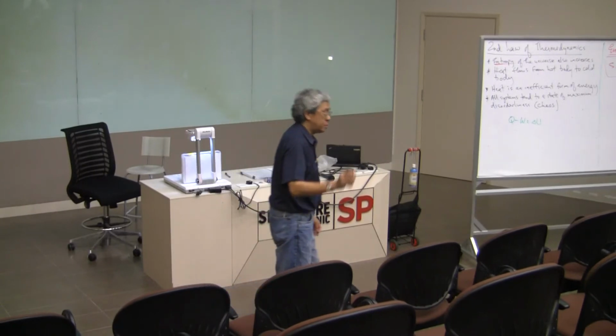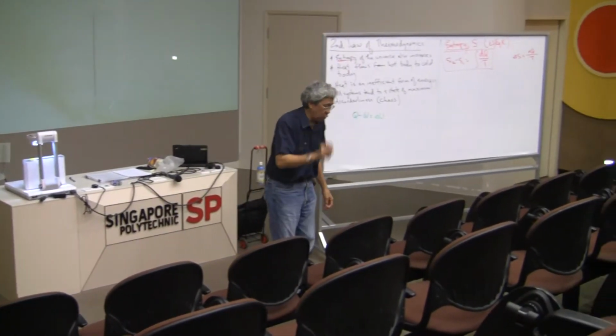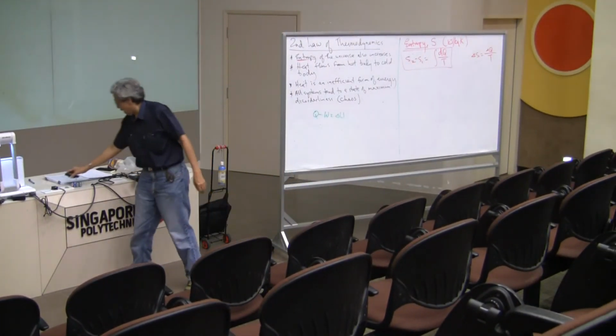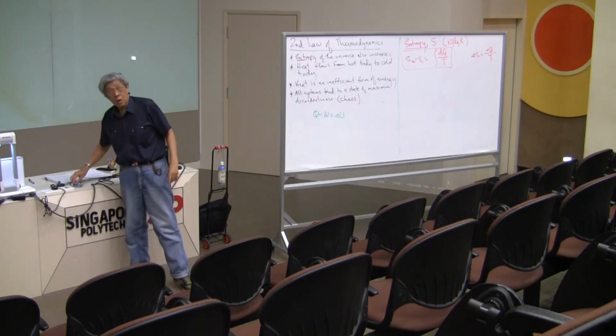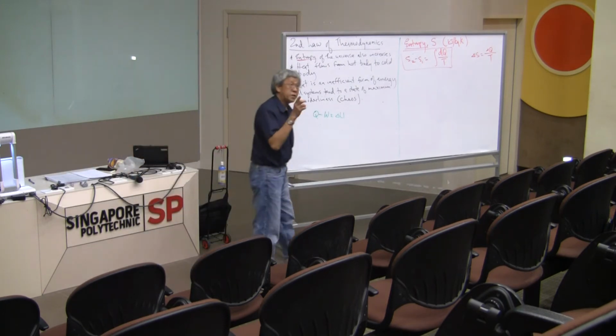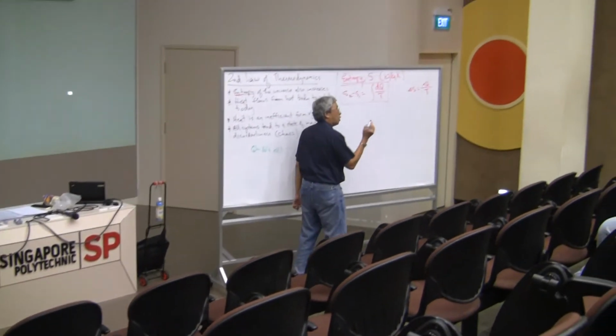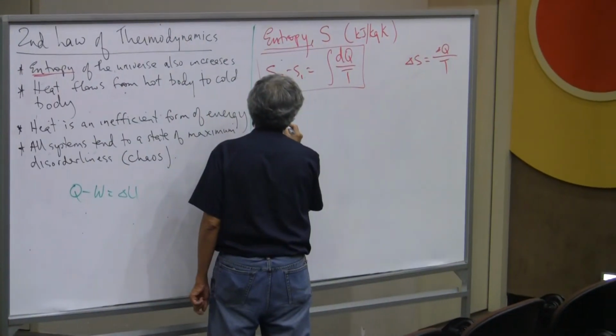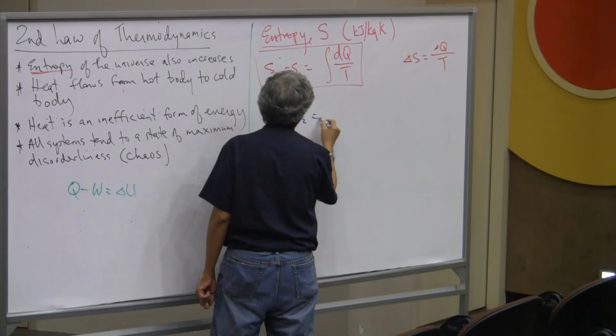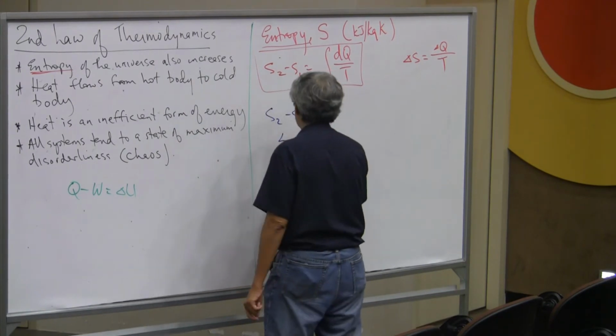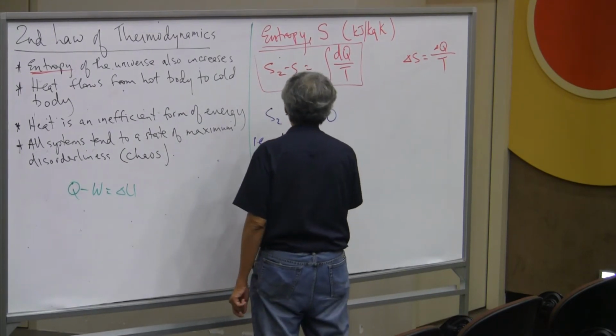So in conclusion, from this example, this is what happened. This is something you must take down, but note. For a process to be reversible, your change in entropy is equal to 0. That means delta S is equal to 0.